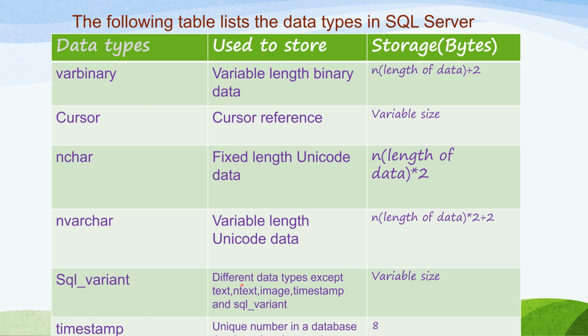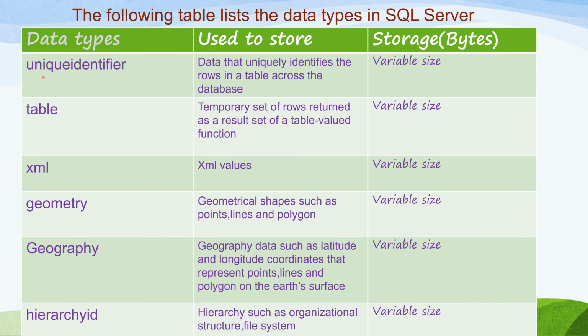It is used to store different data types, except text, ntext, image, timestamp, and sql_variant. Its storage is variable size. This one is the timestamp data type. It is used to store a unique number in a database table, and its storage is 8 bytes. So this one is the uniqueidentifier data type.